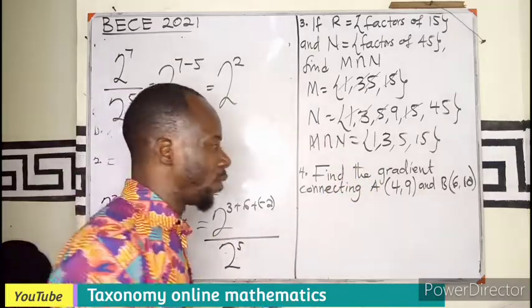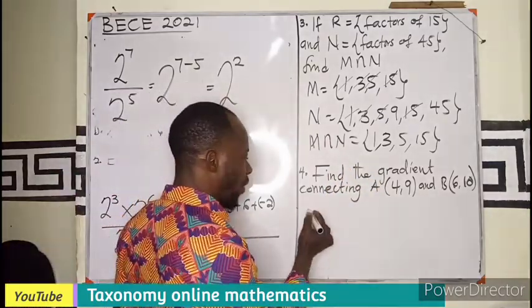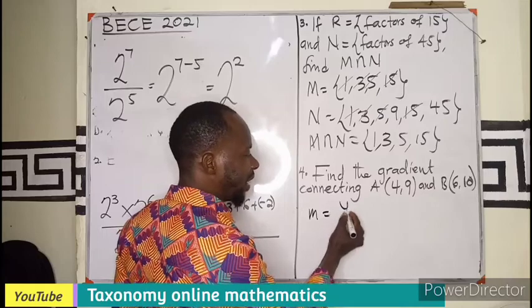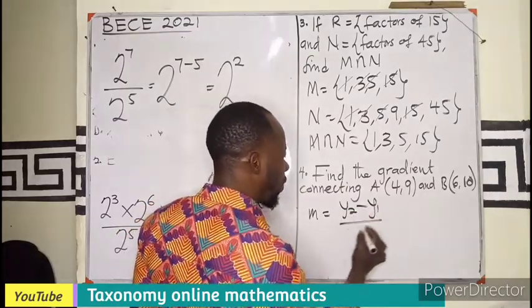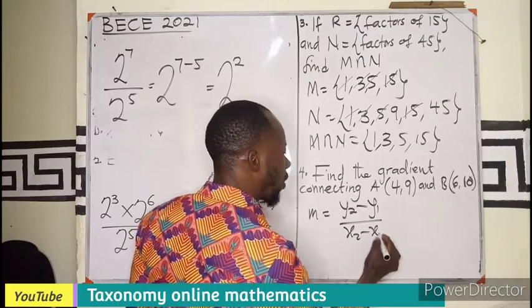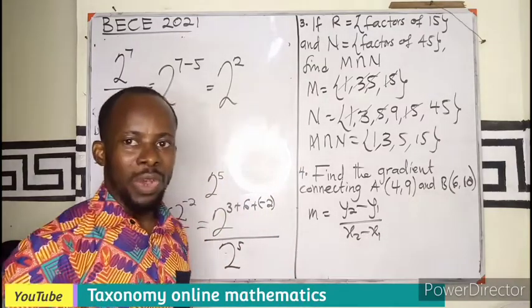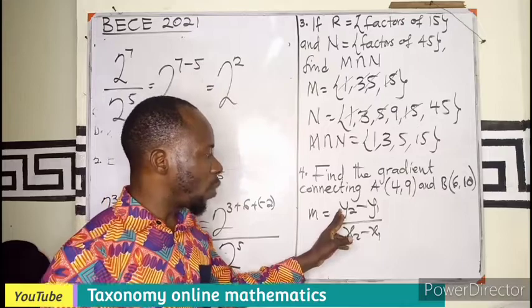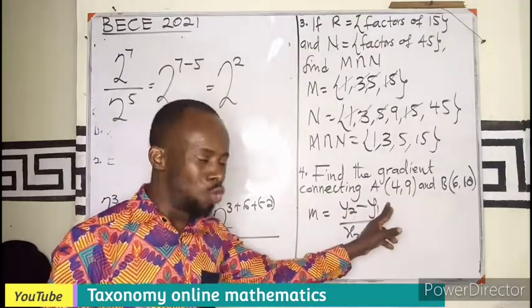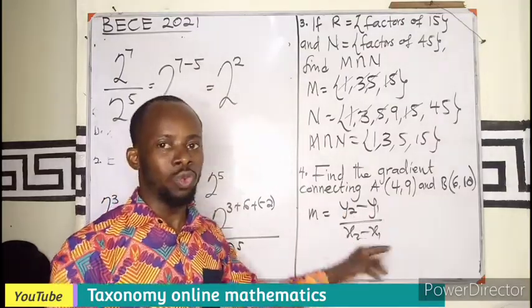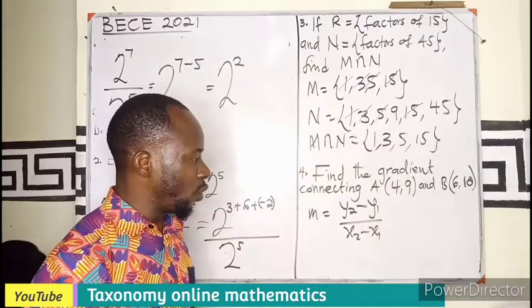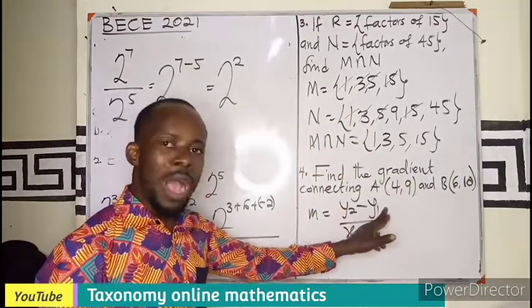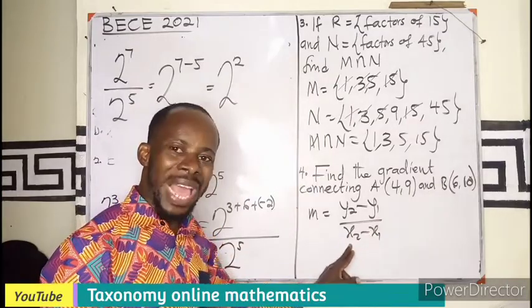Then find the gradient connecting the points A and B. So fast forward, we know to find the gradient of two points, it is the change on the y-axis over the change on the x-axis. You can decide to use y1 minus y2, x1 minus x2. It's still a change, but the change will be in order. You can't start with y2, y1, then you begin with x1, x2.